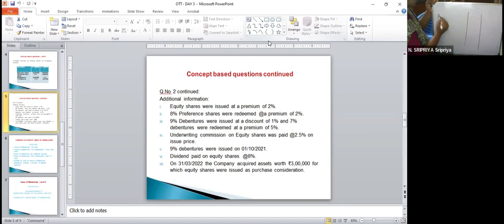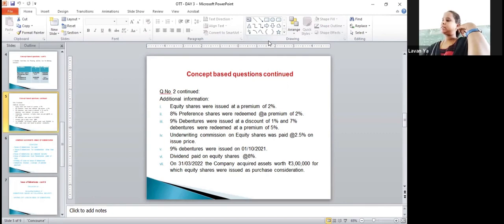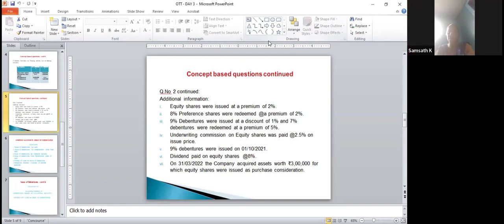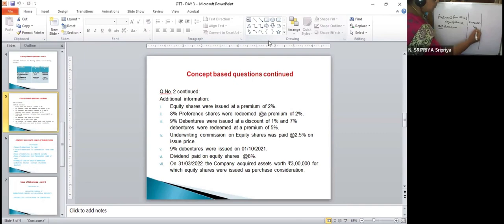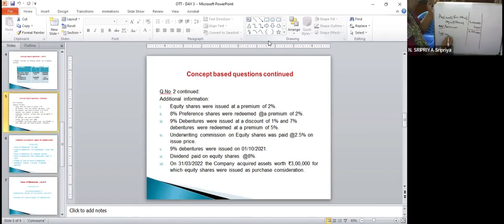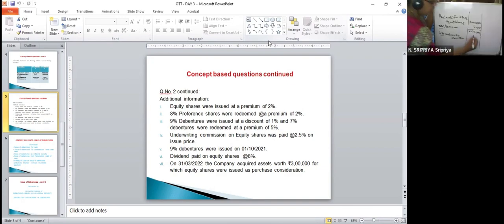So you have proceeds from issue of equity shares, 2 lakhs, add securities premium, it is 4,000, 2 lakh 4,000, less underwriting commission. 2.5 percentage is 5,000 rupees.